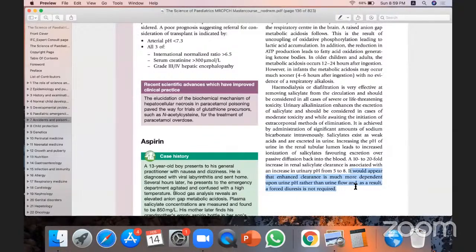So remember, forced diuresis is not required. That means we will not give furosemide. This question came in exam: what is the best treatment for aspirin poisoning? There was furosemide, there was IV mannitol, there was IV sodium bicarbonate, like this.